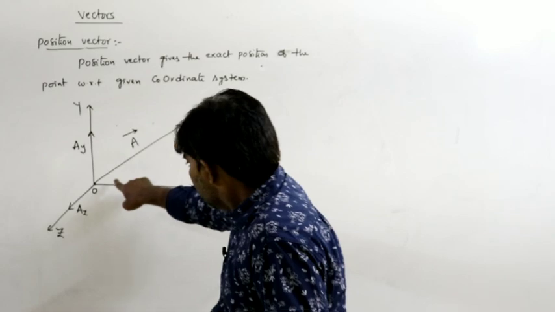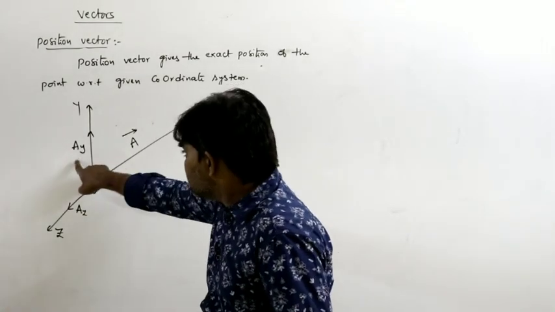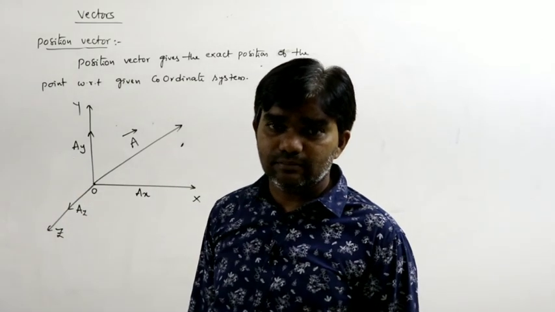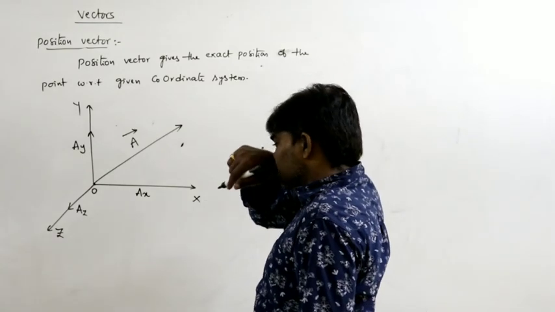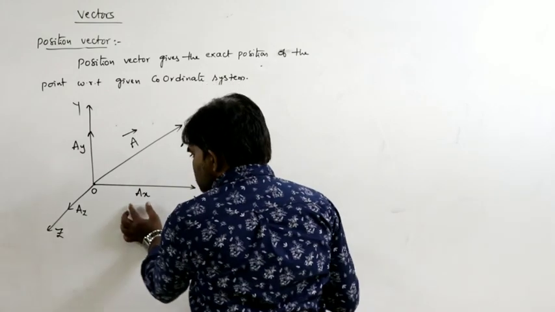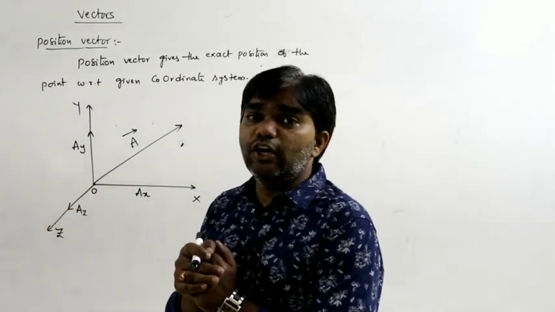In the same way, this vector A bar has a certain magnitude along x, y and z axes. Right? So what does the position vector give? This AX is the magnitude. What is the direction? The unit vector.